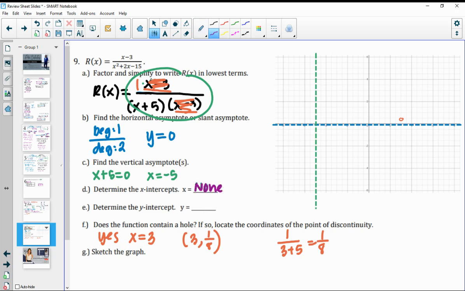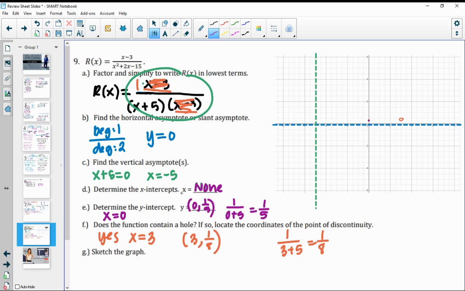So don't forget, plug it back into this one where you canceled out the common factor, not into the original. And then y-intercept is where x equals 0. So we'll just plug 0 into this function. And when we plug 0 in, we get 1 over 0 plus 5. So that's 1/5. So your y-intercept is 0, 1/5. So that's going to cross down here.